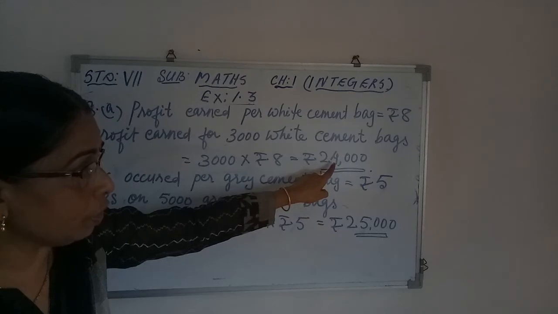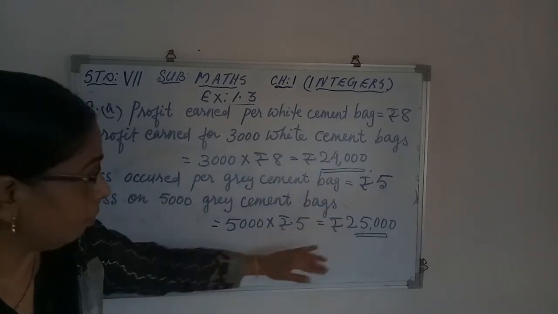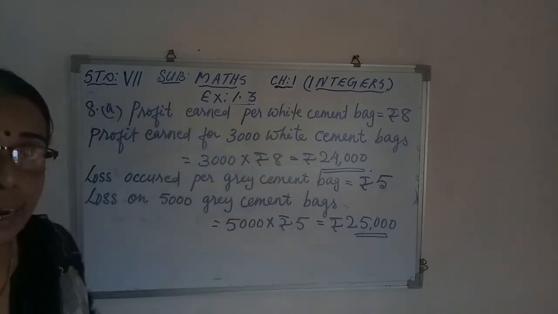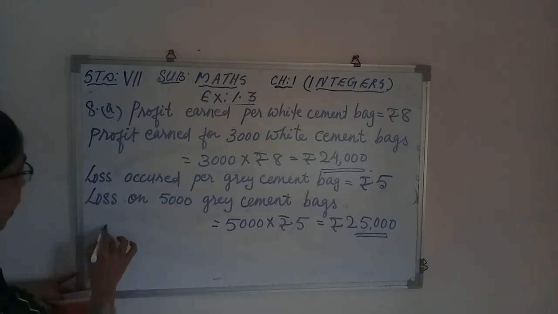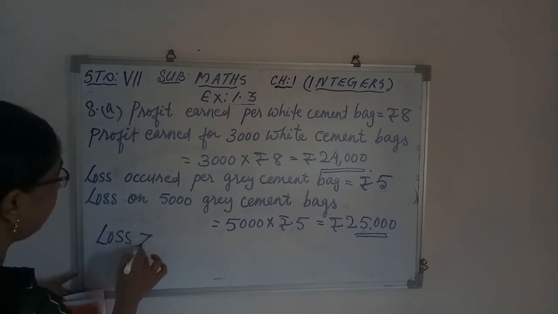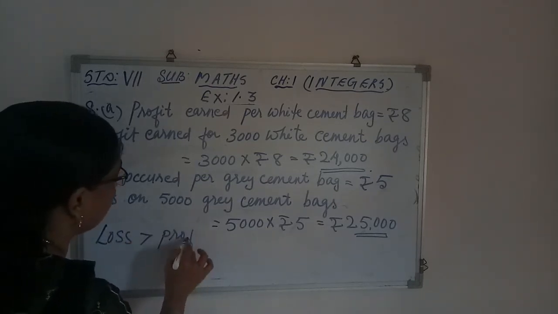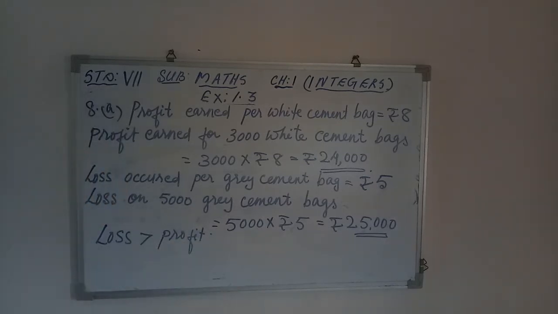Now see, which one is greater, profit or loss? Yes, 24,000 is less than 25,000. Otherwise, the loss is greater than the profit here. So we can write loss greater than profit. So what is the final, ultimate net loss?